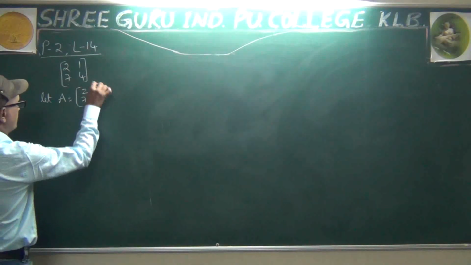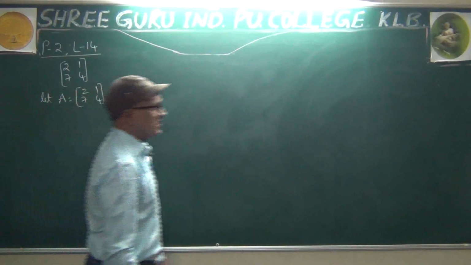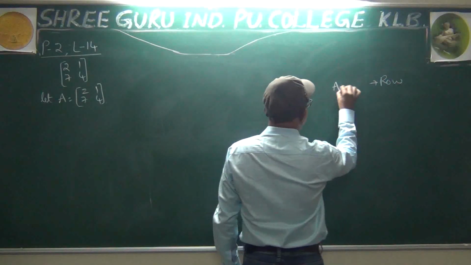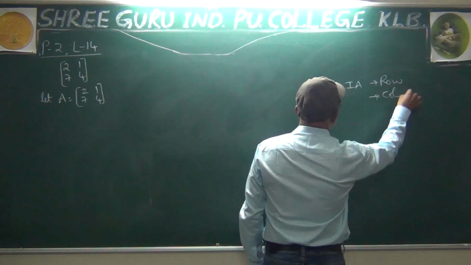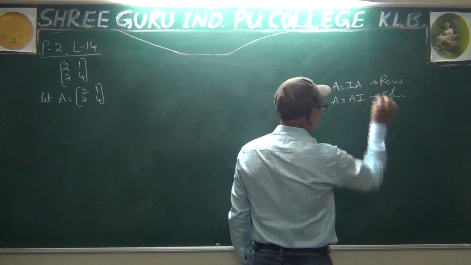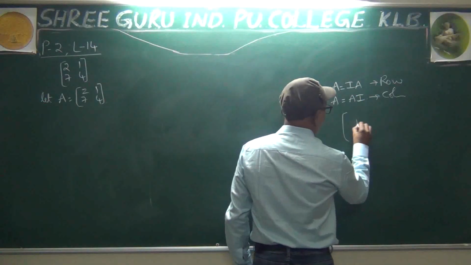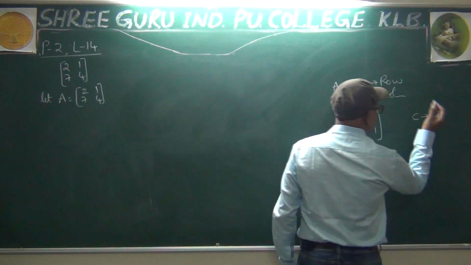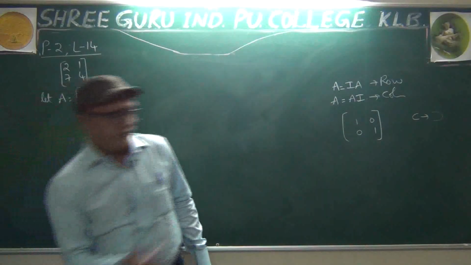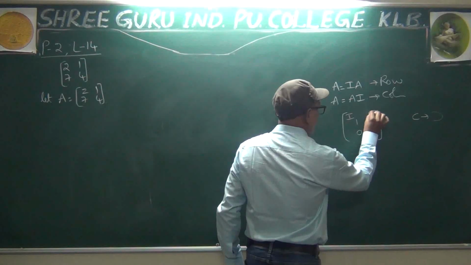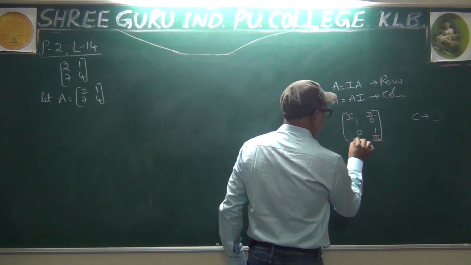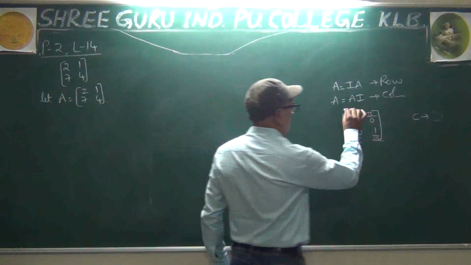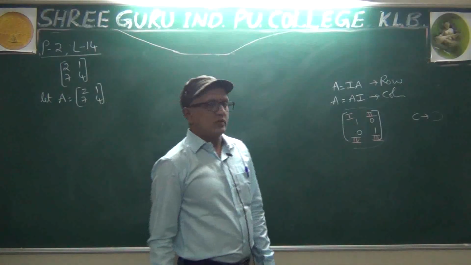Let capital A equal to the matrix 2174. In the last class we have seen, for row operation, A equals IA. For column operation, A equals AI.